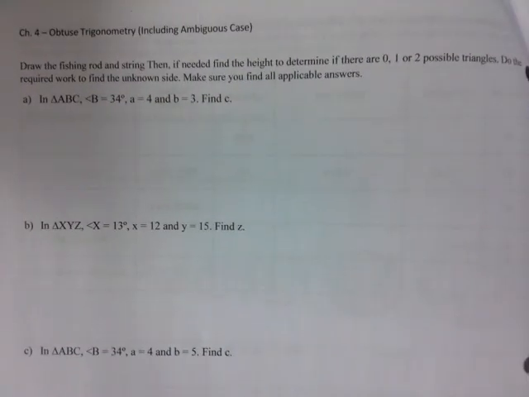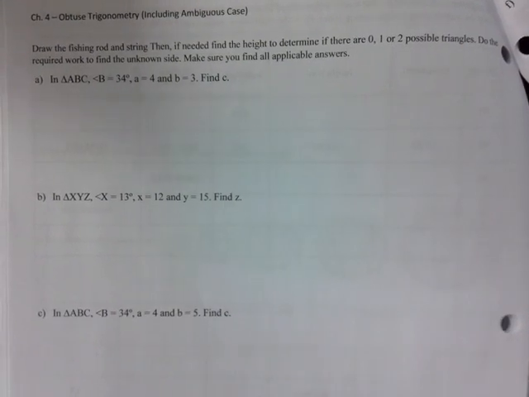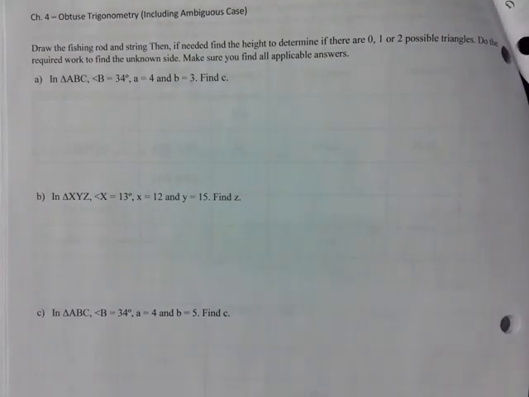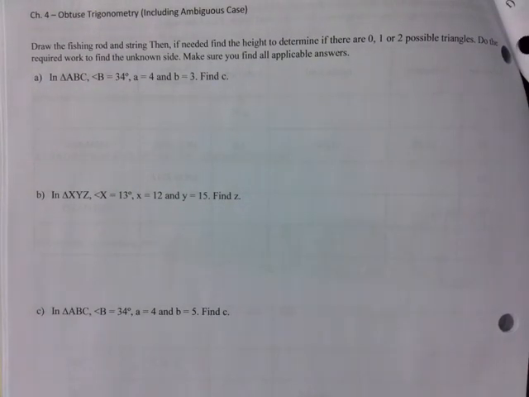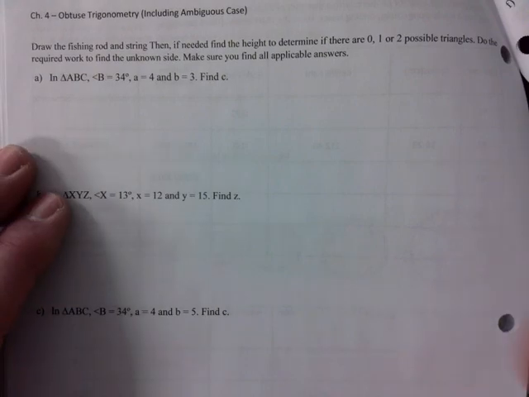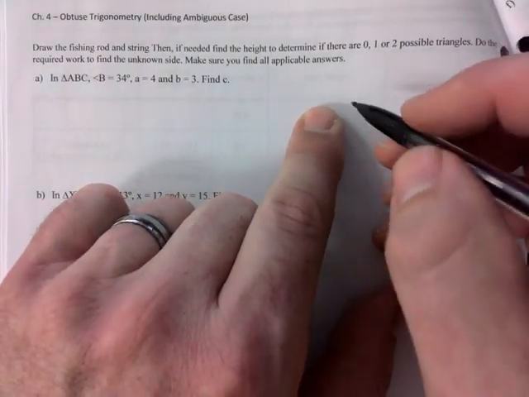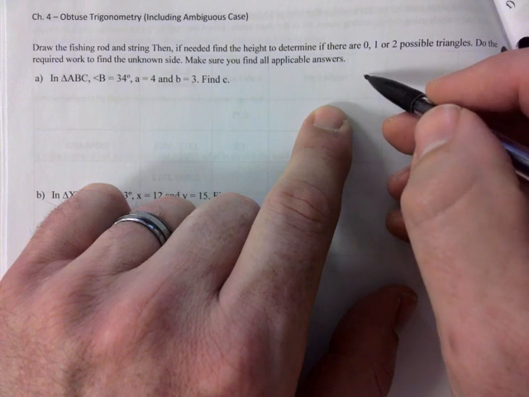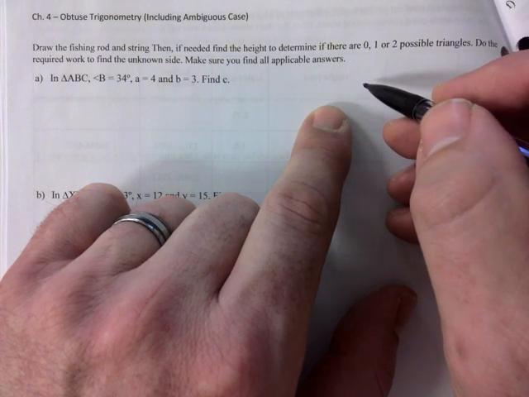Ambiguous case. I added that towards the back, page 21. I kind of just had a separate section for it. Let me see if I can summarize this on this piece of paper. Let me write it down first and then copy it.